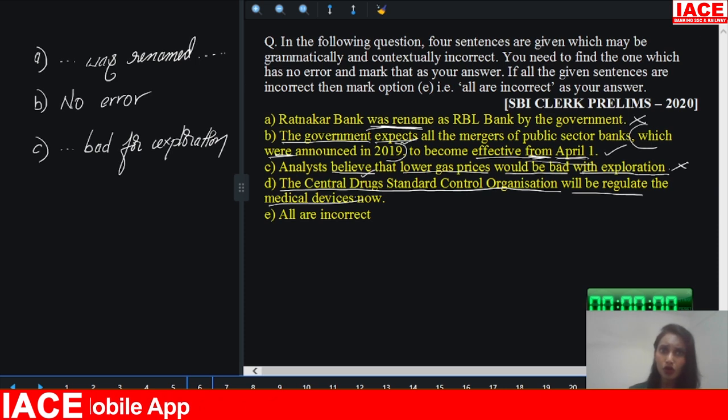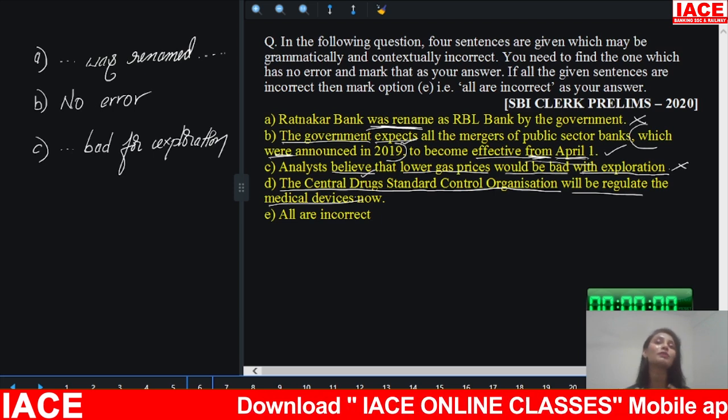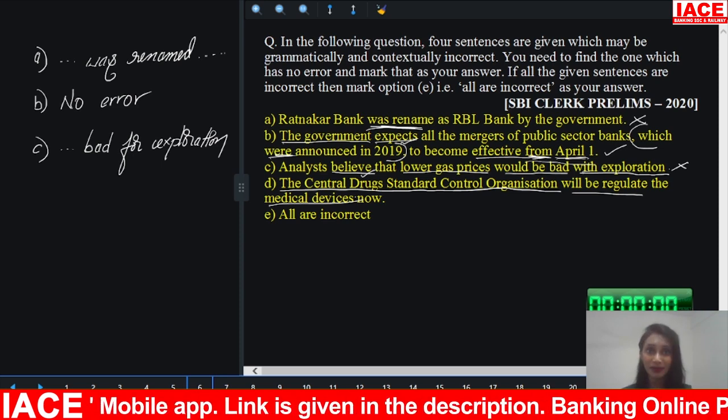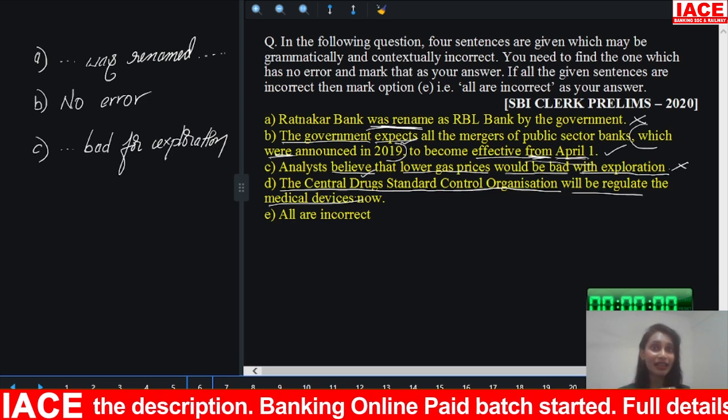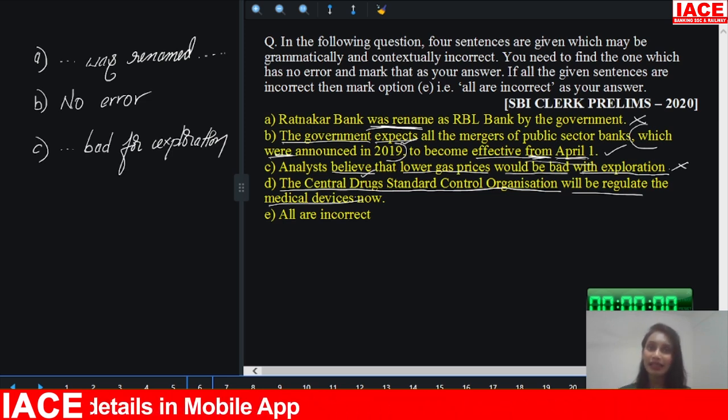How can you know? Simple. Active voice means the subject should be the doer of the action. Passive voice, the object should be the doer of the action. Ram killed Ravan. Ram is the subject and Ram does the action there. So that is active voice. And the passive voice, Ravan was killed by Ram.